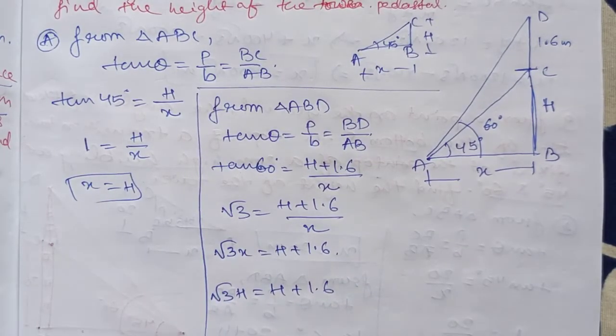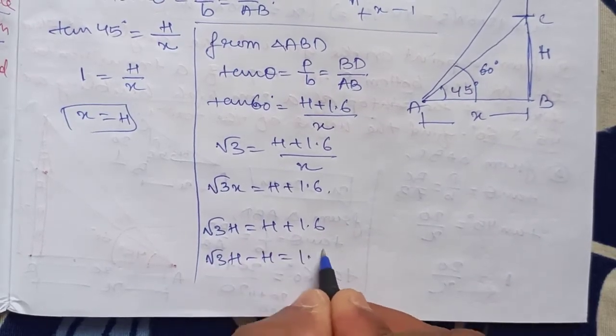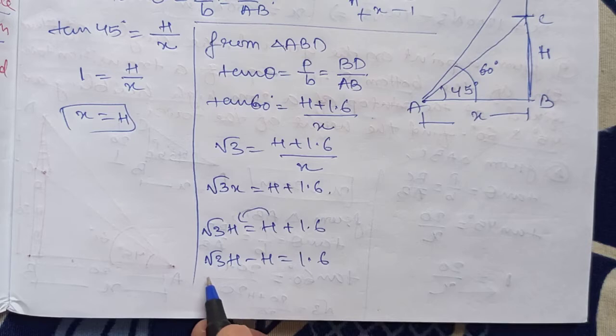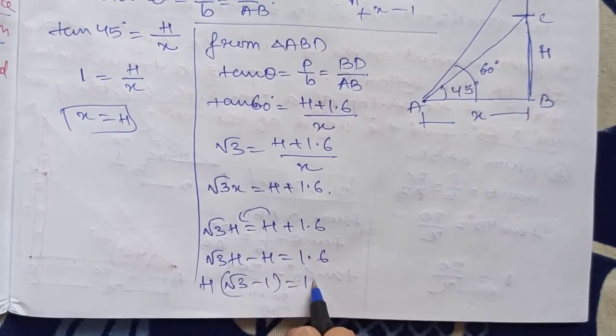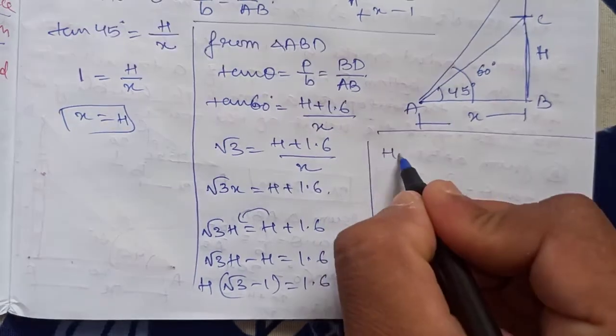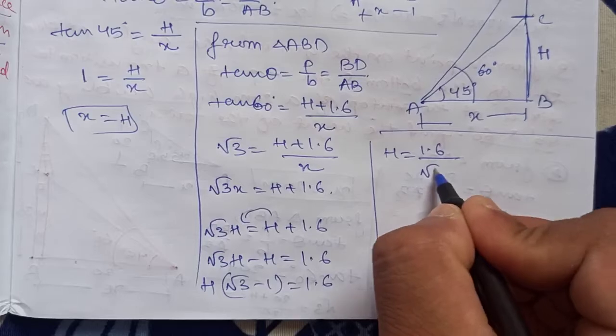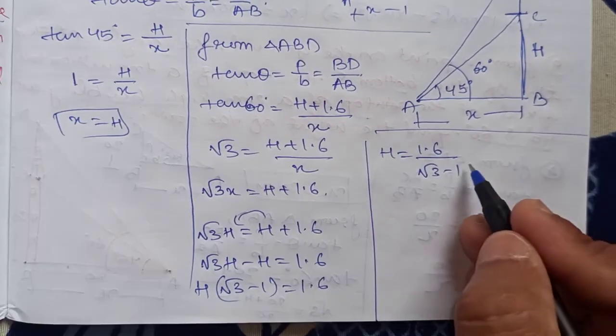Now bring h this side and subtract. We will have root 3h minus h equals 1.6. Take out h common. h times root 3 minus 1 equals 1.6. Now divide. h equals 1.6 by root 3 minus 1. Rationalize the denominator.